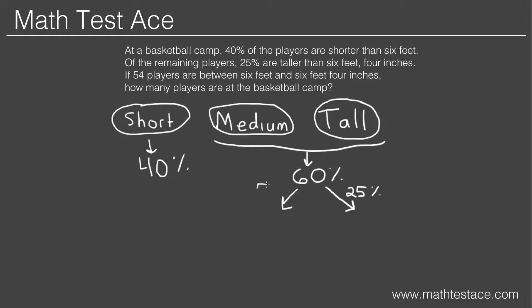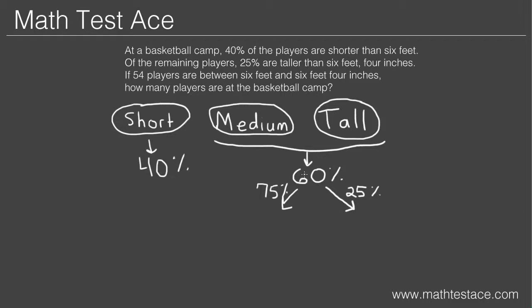Which means that 75% of our 60%, because remember they have to add up to 100, are the medium-sized group, the ones who are between 6 feet and 6 feet 4 inches.